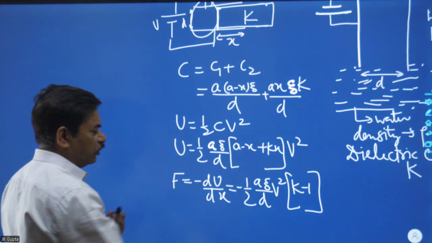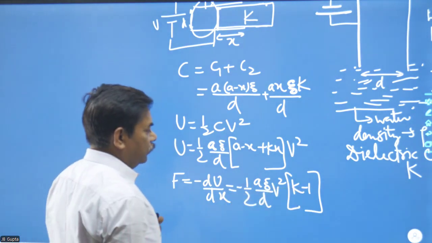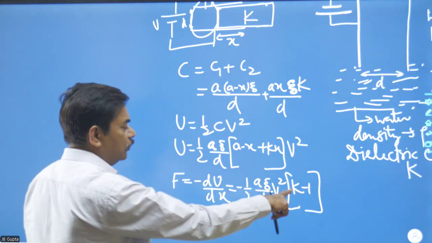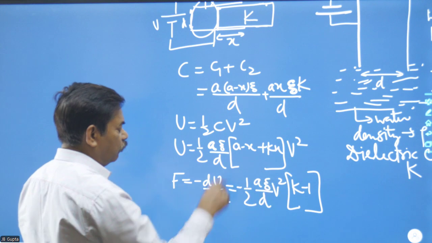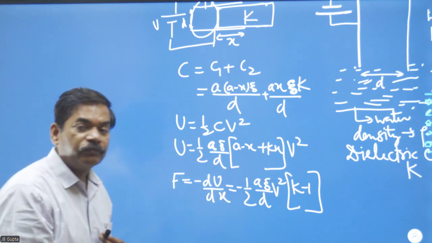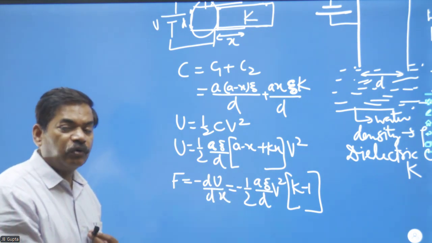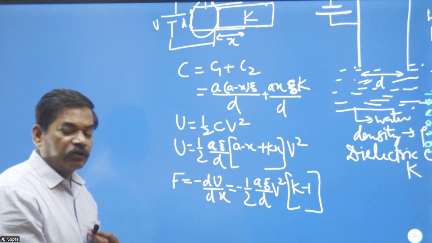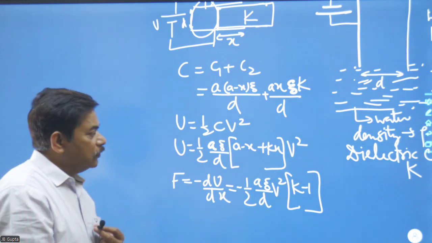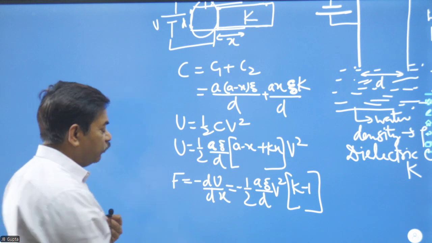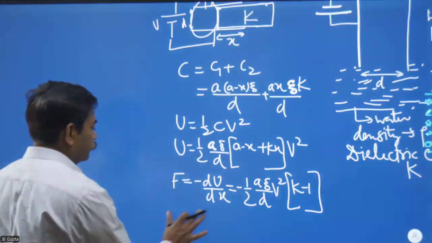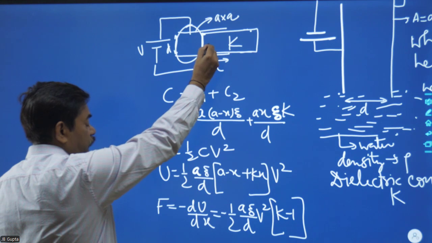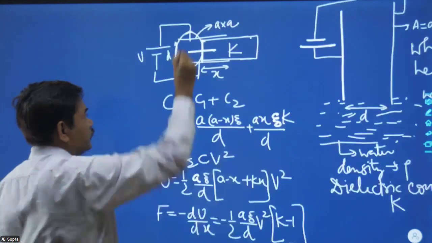Because K is greater than 1, this term will be positive, so overall the force will be negative, and negative force means an attractive force. So this much attractive force will be acting on the dielectric, towards the capacitor.